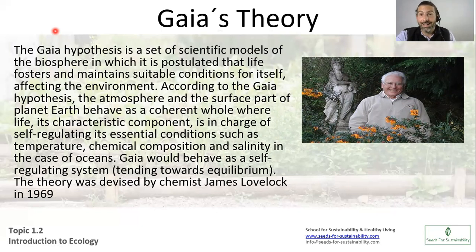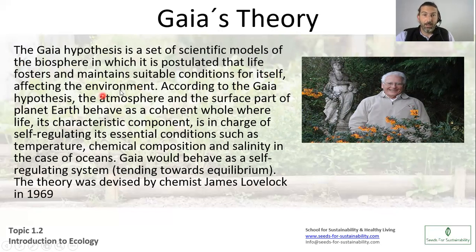So according to Gaia's theory, the Gaia hypothesis is a set of scientific models of the biosphere in which it is postulated that life fosters and maintains suitable conditions for itself, affecting the environment.